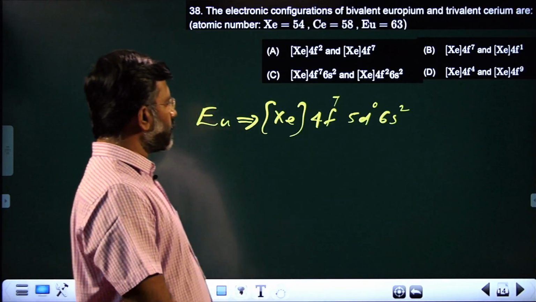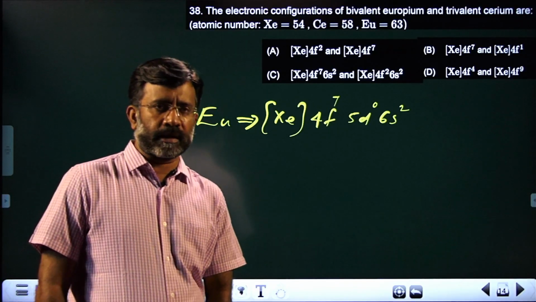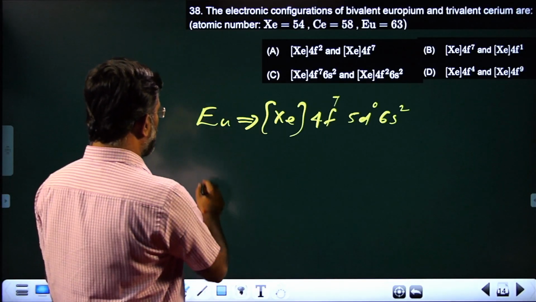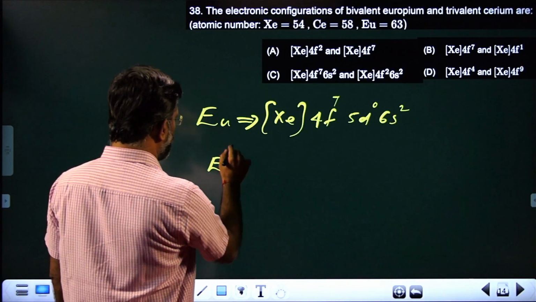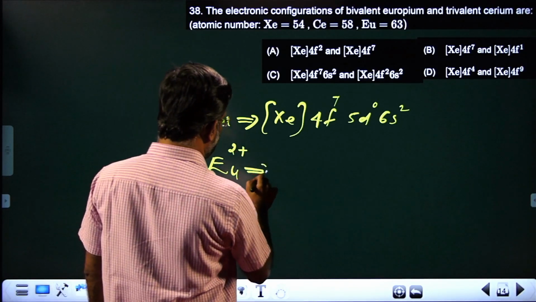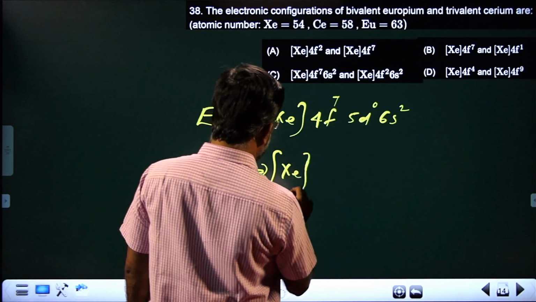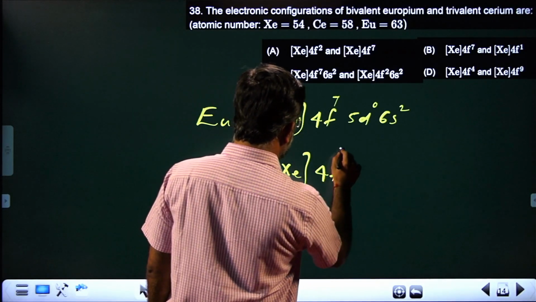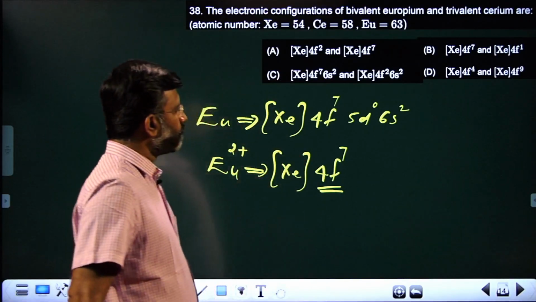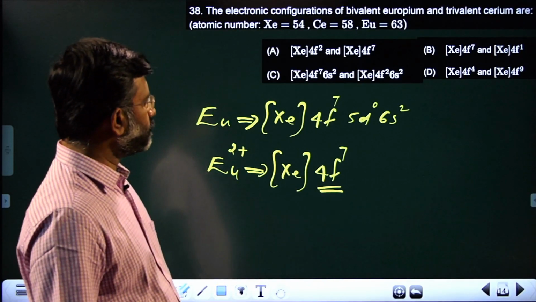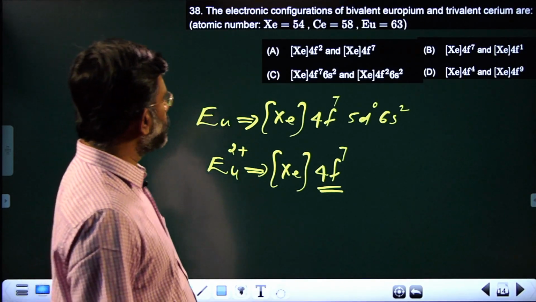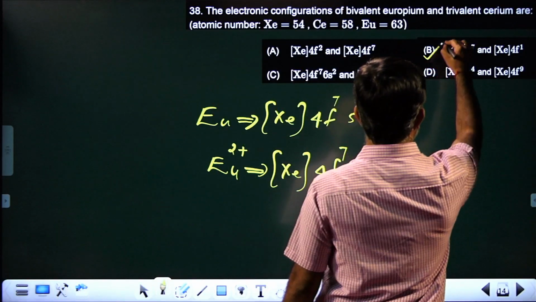This is the configuration for europium. You can refer to the textbook. And we are talking about the bivalent species Eu2+, so the configuration will be the xenon inner core with 4f7. And we got our answer, 4f7. Option B must be the answer.